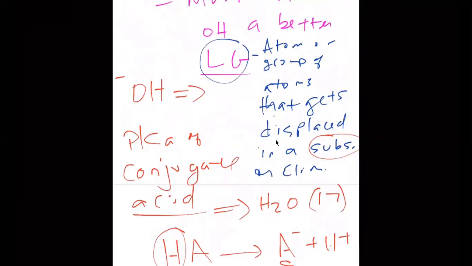If the leaving group is OH, then the conjugate acid is HOH, which is water, H2O. Did that answer your question? All right. Any other questions? Again, the bottom line is OH is a poor leaving group.